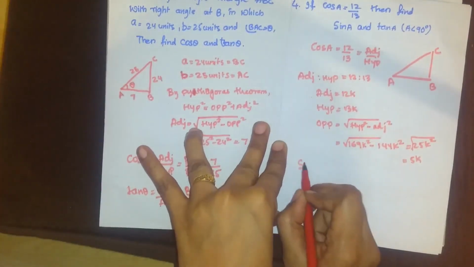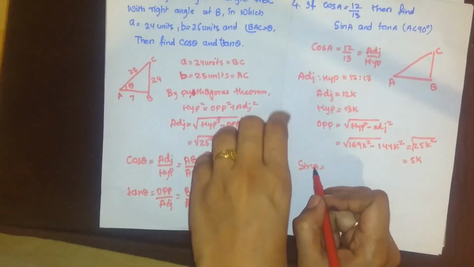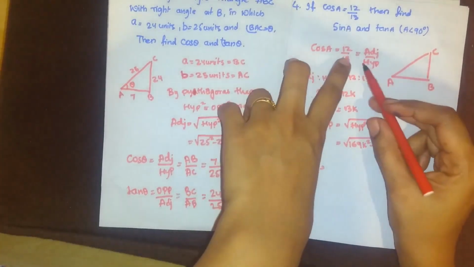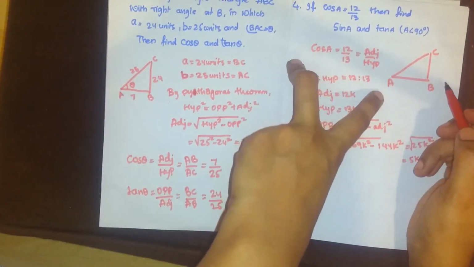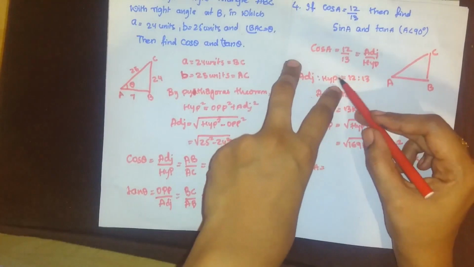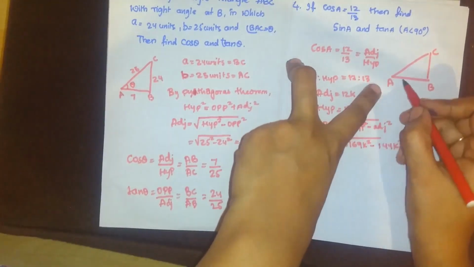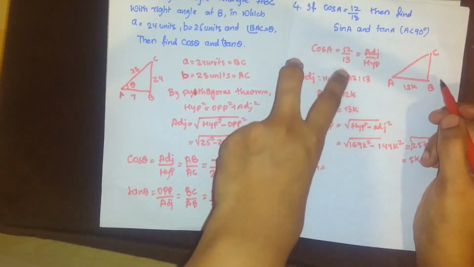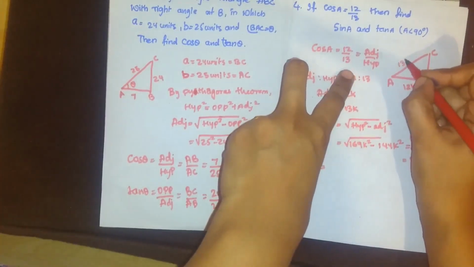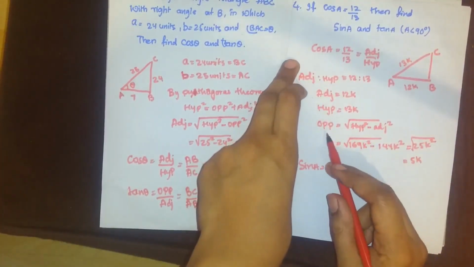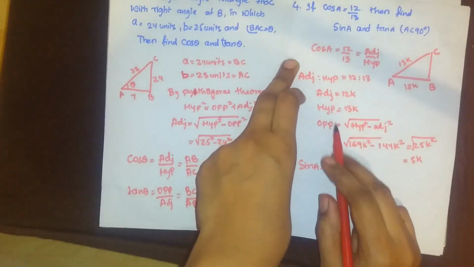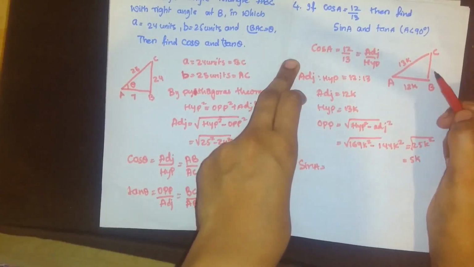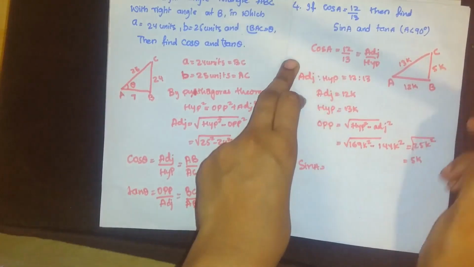Now, what is sine A? Let's write the obtained values over here. Adjacent to angle A is AB, 12k, and hypotenuse is 13k, and the other one, opposite, is 5k.